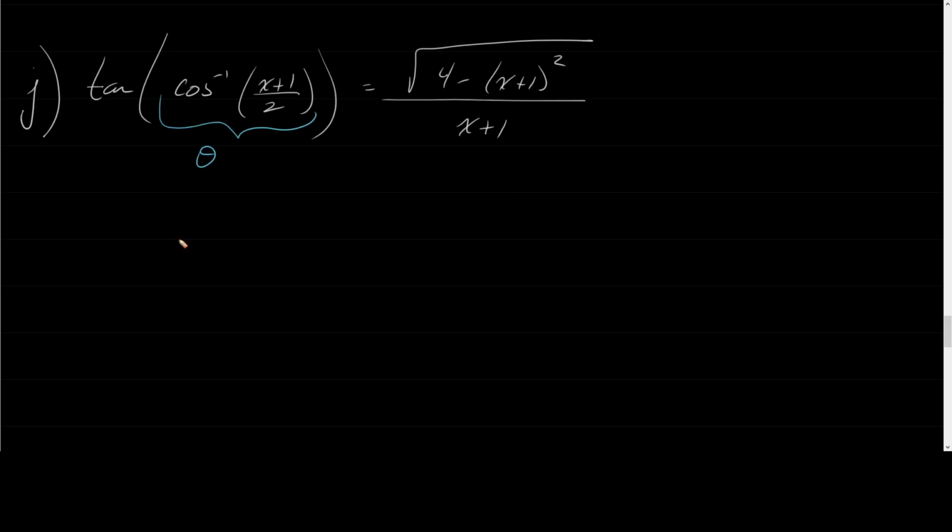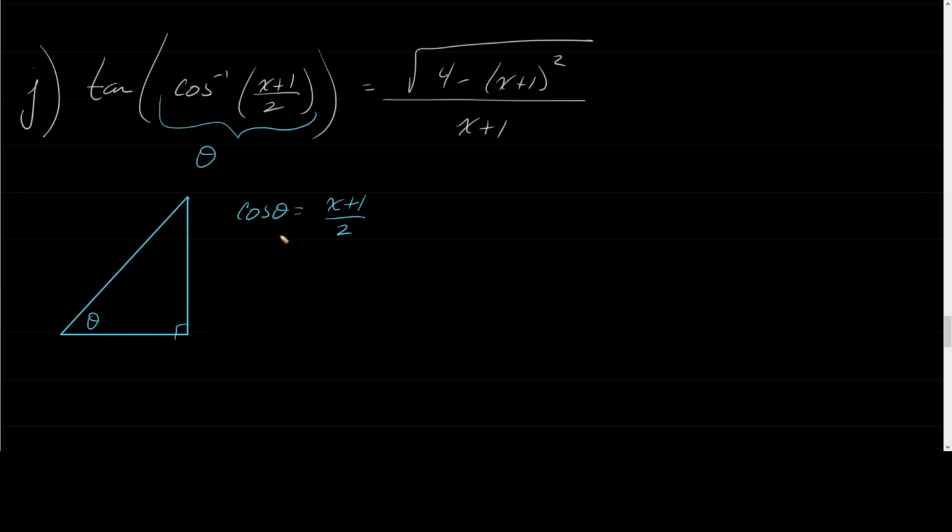And if I build a right triangle, let's do that better. That's pretty good. So if I build a right triangle there, I'm going to say this is theta. And from here, it's implied that cosine theta is equal to (x plus 1) over 2, right? Because theta is equal to cosine inverse, so take cosine of both sides.